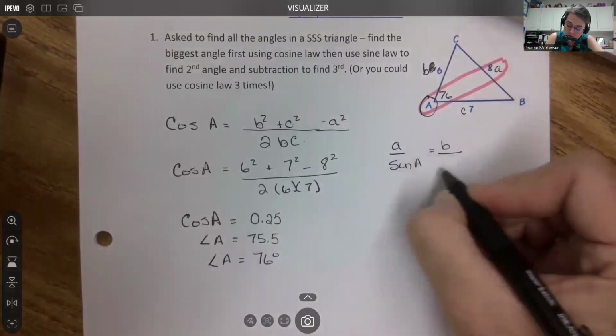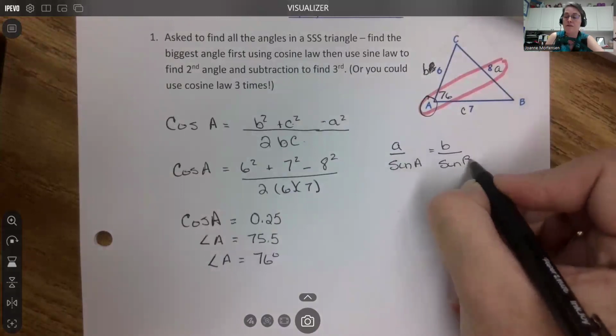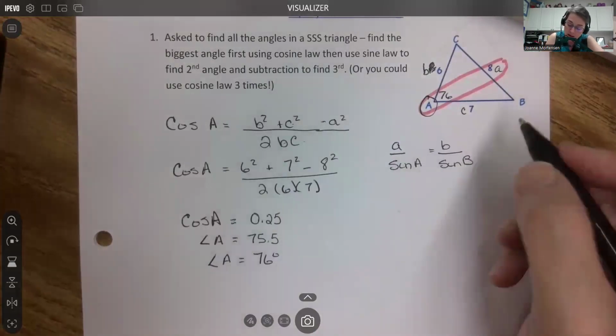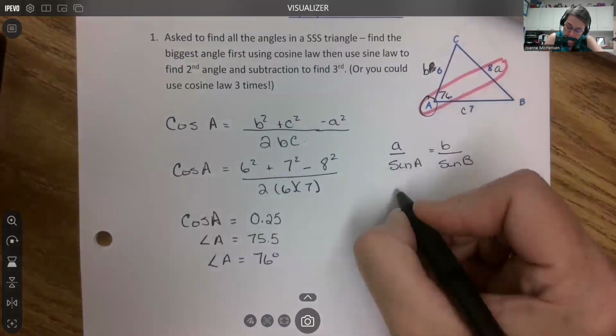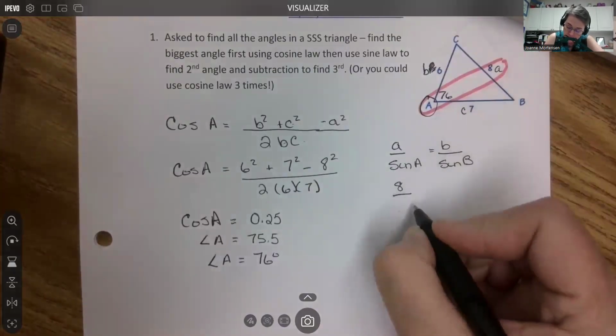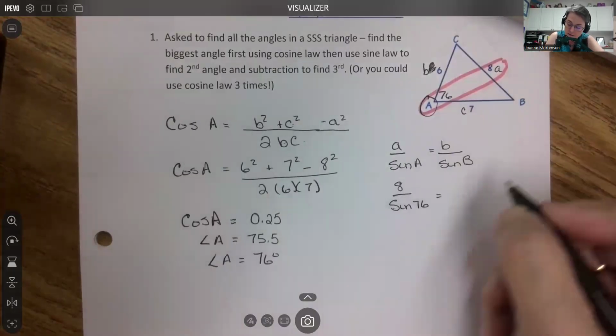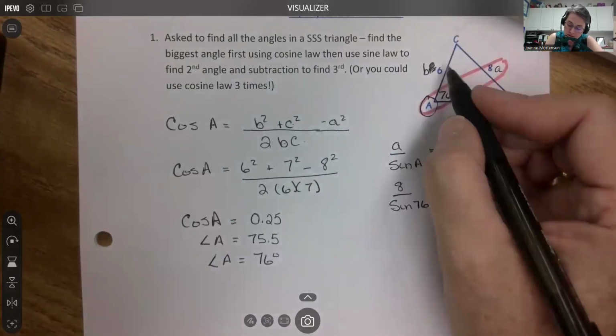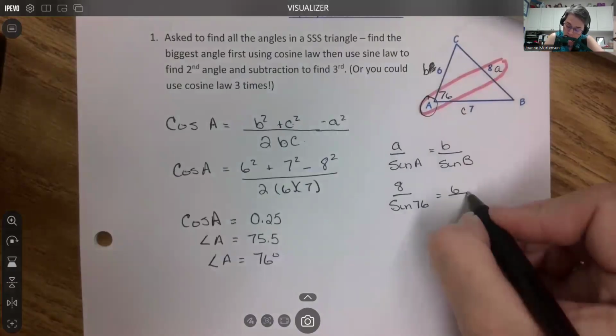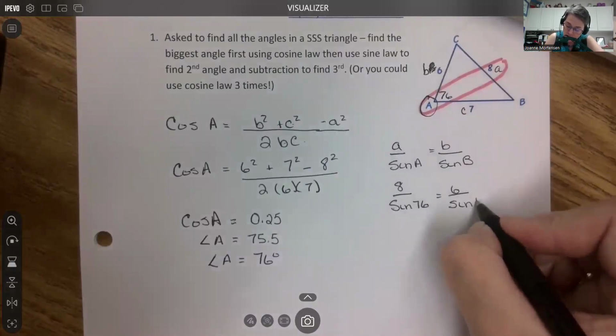B over sine B. If you want to do C first, live it up, it's fine. A is 8 over sine 76 is equal to B, which is 6 over sine B. That's what I'm looking for.